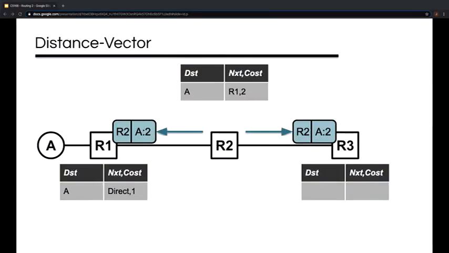All right, so pretending you actually follow my directions, R1 would have gotten this advertisement here, right? And we see there's an advertisement for A, which we have in our table. And if we use this advertisement, what would the cost be? What's the cost being advertised? Just say it. 2. And so what would the cost be if R1 used it? 3, right?